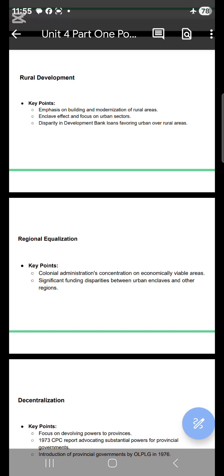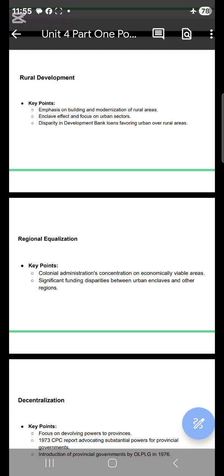Okay, I have 5 minutes, so let me try and speed up this. So rural development. When you have an import-dependent economy, it creates an enclave situation where most of the economy, services, and activity are focused only in the urban areas.